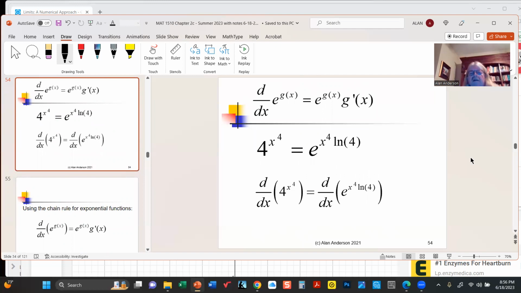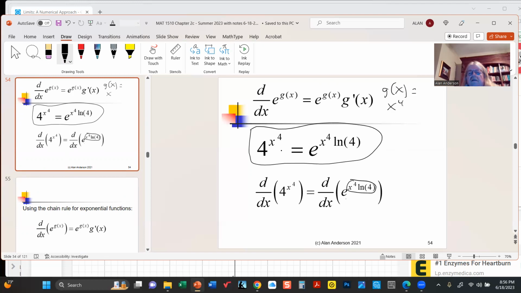Okay, so given that this is correct, what we're actually doing is differentiating the one on the right. So we have e, and this is our g of x. Now, g prime of x in this case would be 4 times x cubed times log 4.